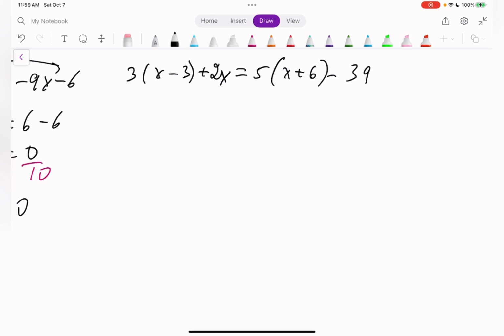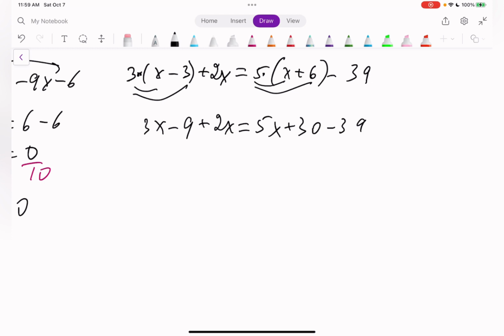Okay, we need to distribute: 3x minus 9, multiplying, right? Plus 2x, multiplication, 5x plus 30 minus 39. Okay, this time I'm dumping all like terms on one side. 3x plus 2x minus 5x, and it's equal 30 minus 39 and plus 9. And I am getting 3x plus 2x, 5x, minus 5x is 0. 30 minus 39 is going to be negative 9, plus 9 is 0.